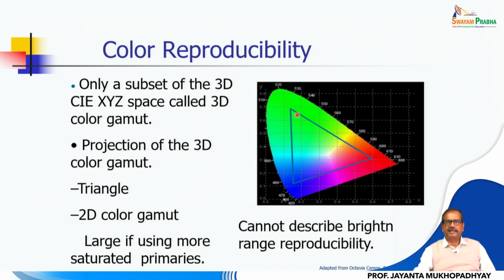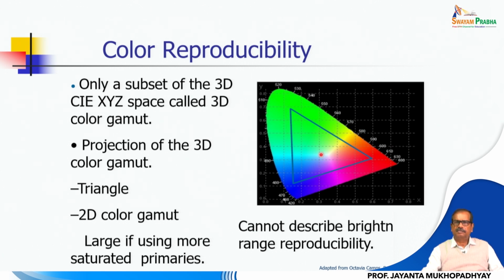Then they define a triangle. As you understand, only linear combinations of these primary colors are reproducible. So outside this triangle, no color is reproducible. Those colors exist physically in the environment, but you cannot encode their information in this form, and also in the display device you cannot represent them with these primaries.